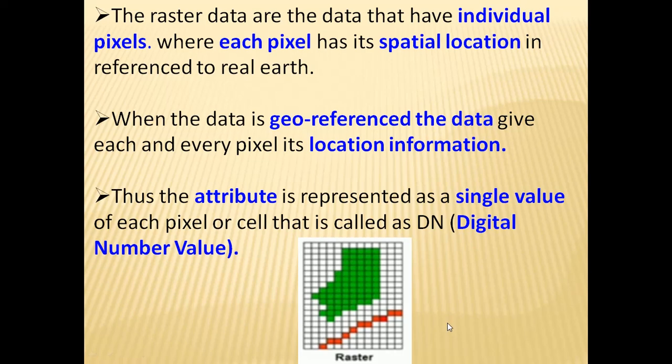If you see any raster image, it appears as a grid of pixels. The pixel size also gives the resolution of that image. Pixel size is equal to the resolution of that image. Each pixel represents a spatial location on the Earth surface. You should remember that.